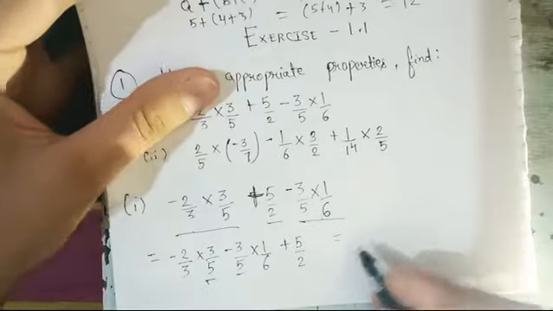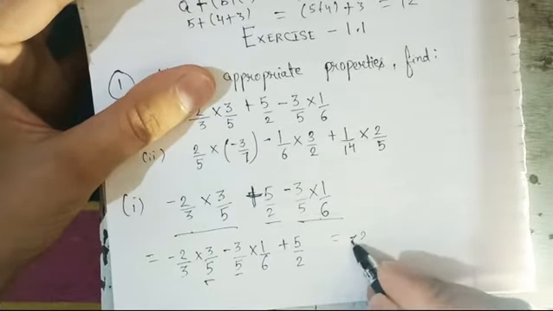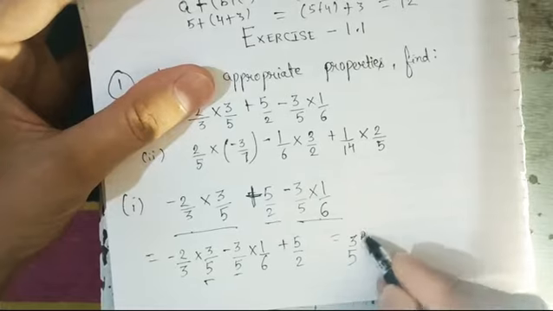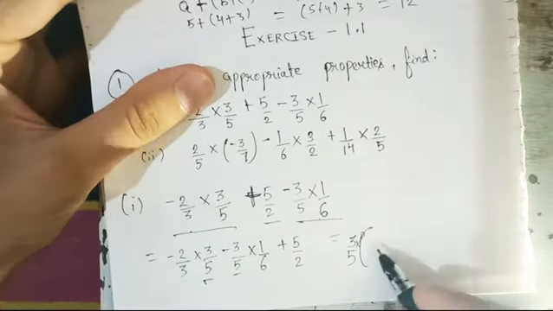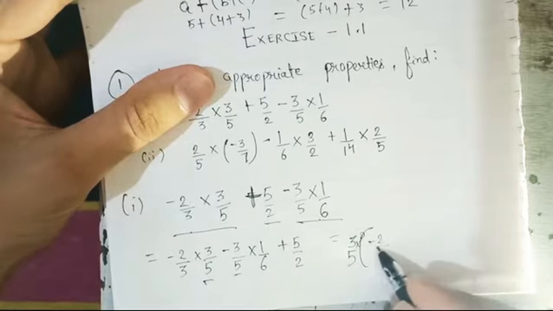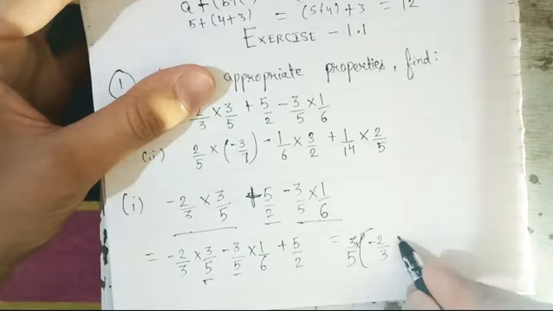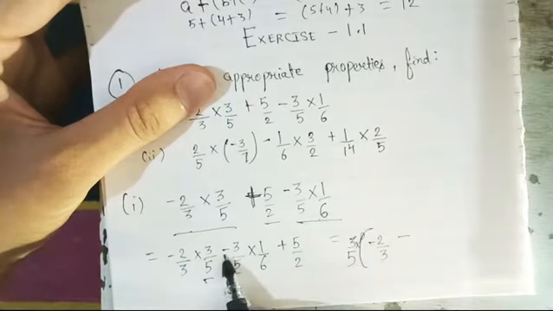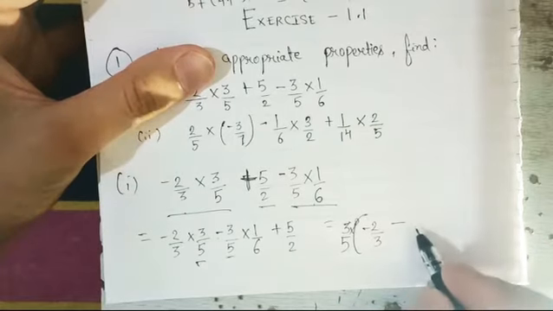Proceeding, minus 2 upon 3 minus 3 upon 5 we have taken common, and then bracket, multiply and bracket, minus 2 upon 3, minus sign, and 1 upon 6.